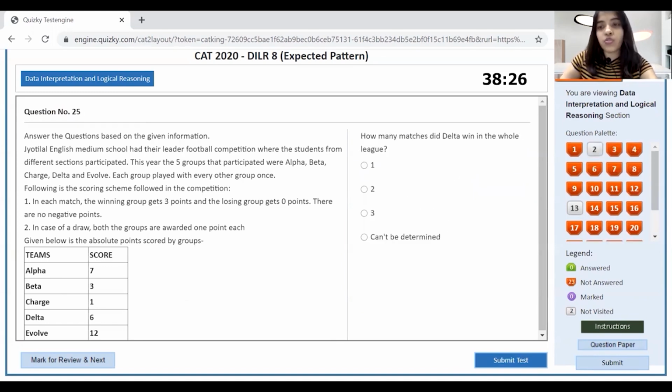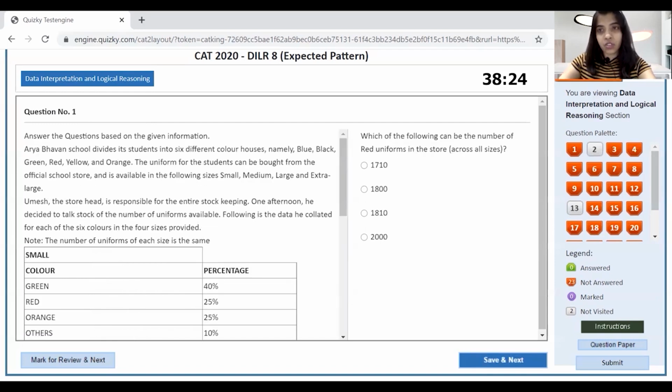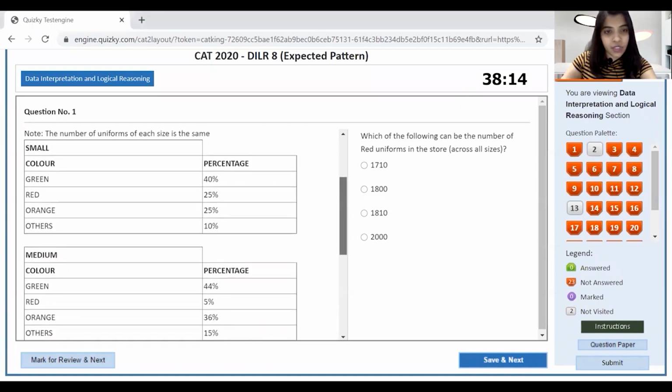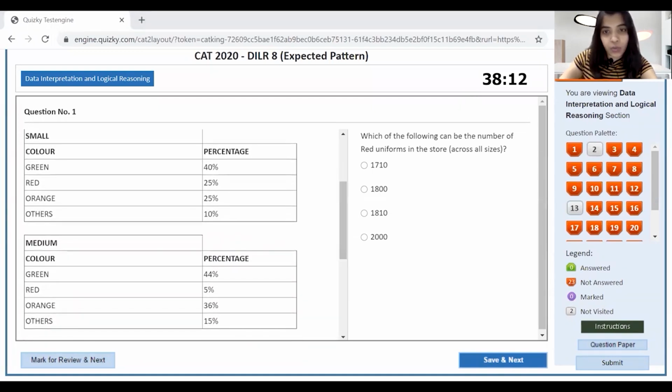Okay. So let's get started with our first question. 6 different houses, 6 different uniforms, and 4 different sizes. Fine, let's just create a quick table of all the sizes. The colors are blue, black, green, red, orange, and yellow, right?